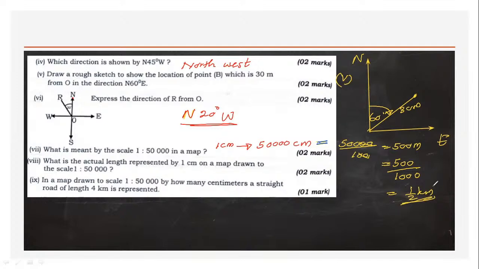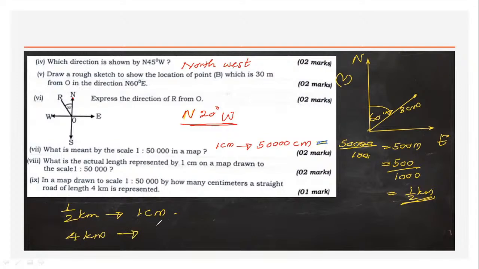In a map drawn to scale 1 to 50,000, by how many centimeters is a straight road of length 4 kilometers represented? 4 kilometers is there, right? Then half a kilometer in the map is represented by 1 centimeter. Then how can we represent 4 kilometers?